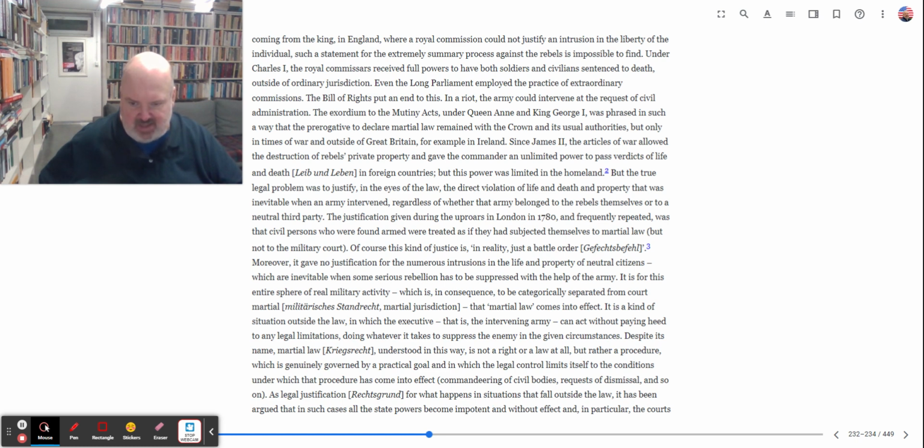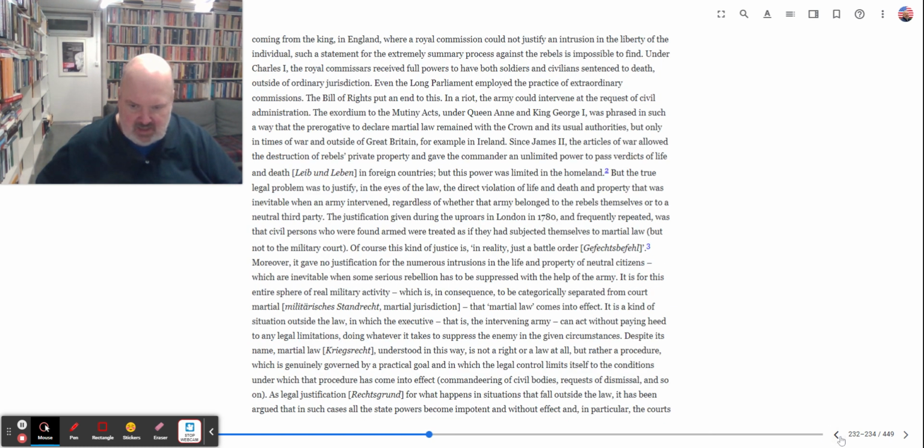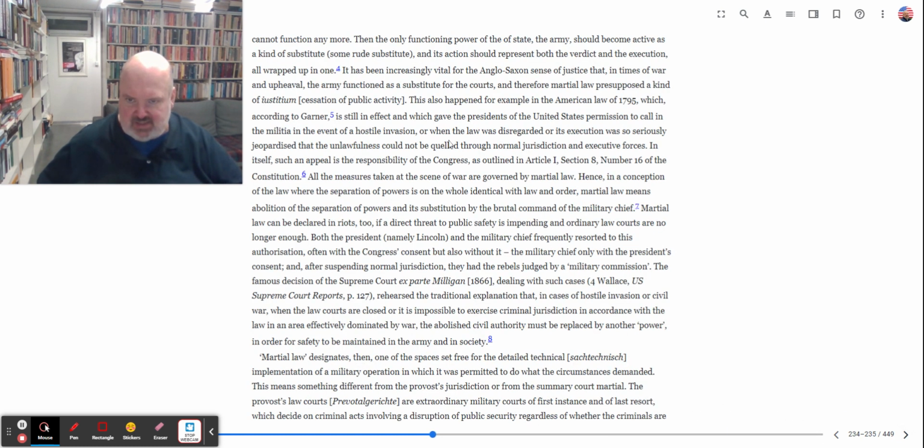It has been argued that in such cases, all the state powers become impotent and without effect, and in particular, the courts cannot function anymore. So, in this situation, there is a crisis and the courts can't function anymore.